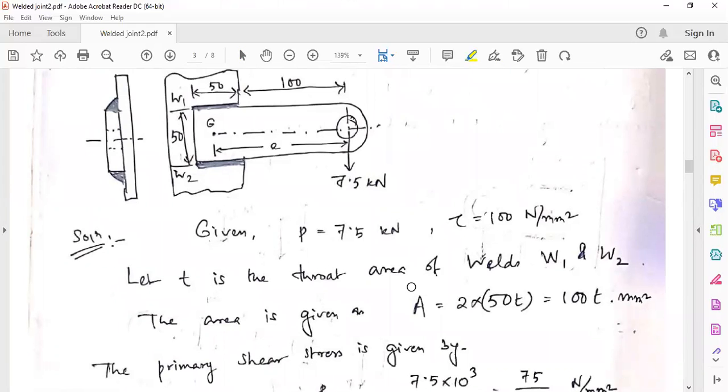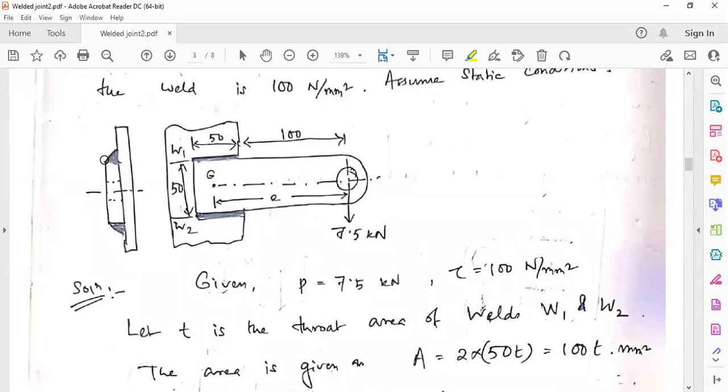Okay, let's see this problem. So let t be the throat thickness of the weld. So here, first of all, we take this section. T is not a throat area; it is a throat thickness. Sorry. So throat area can be given as follows. Now you see 50 is the total length. A little bit of consideration will show that if you see from this side, this welding will look like a rectangle.